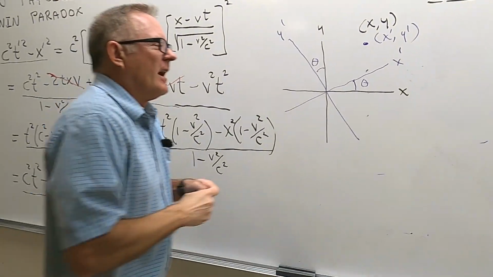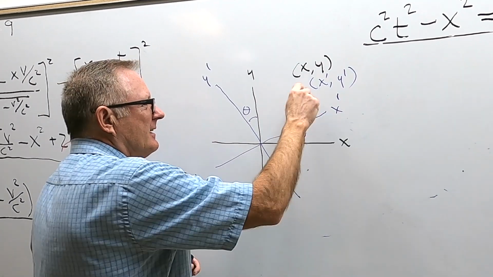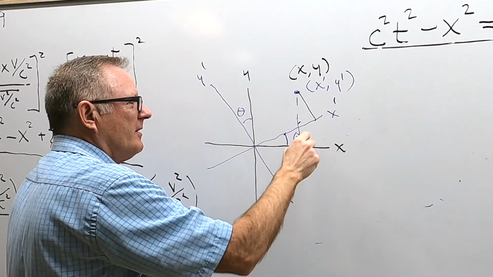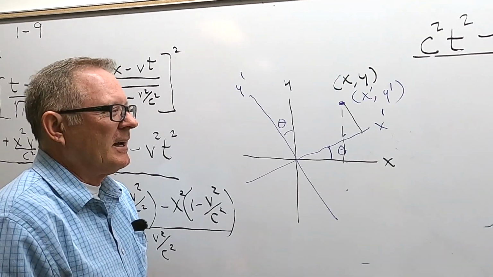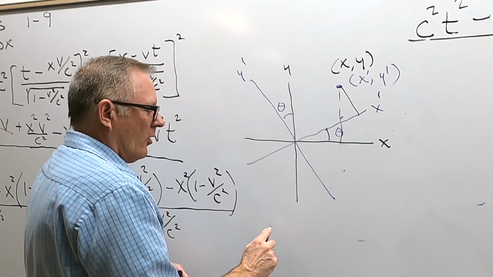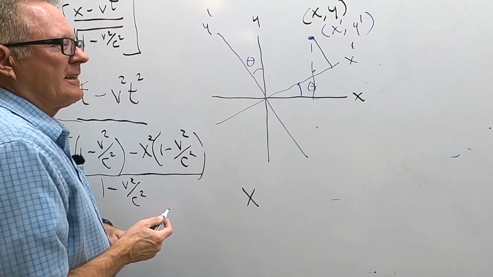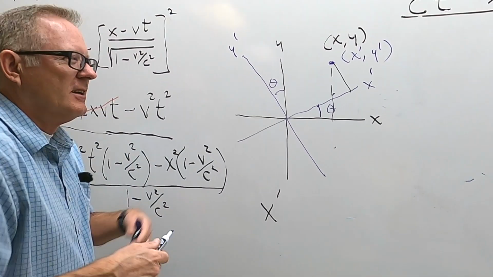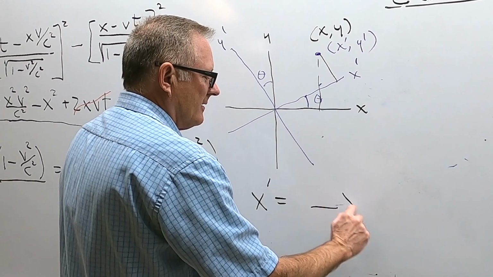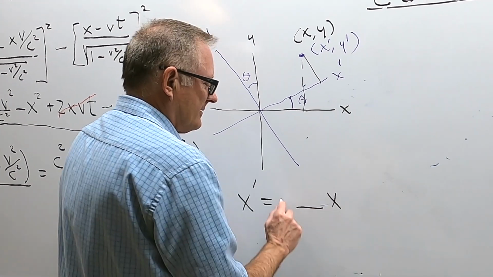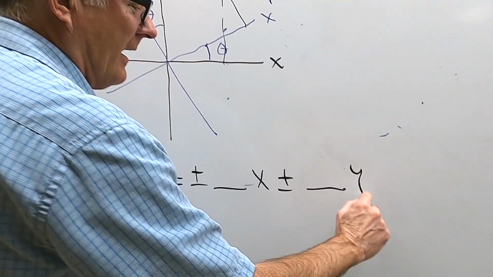And I asked you to find the transformation equations. Now, you could have done it very easily just by looking at some of these triangles that you have on here, and you could have found it quite easily, but I have an easier way we can do it. We know that x prime is some function of x and y. So it's equal to plus or minus something x plus or minus something y.